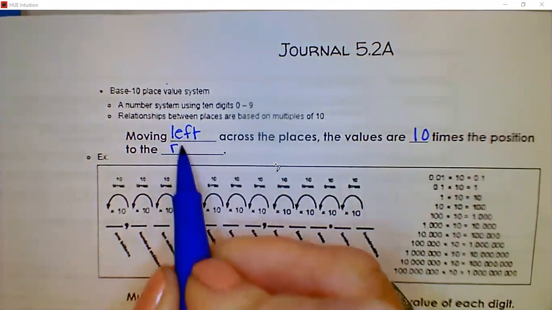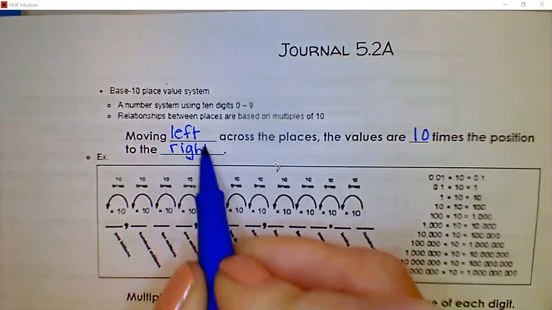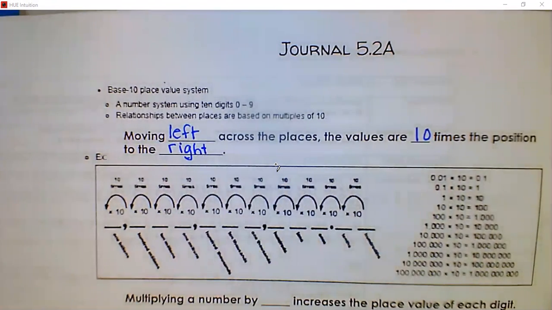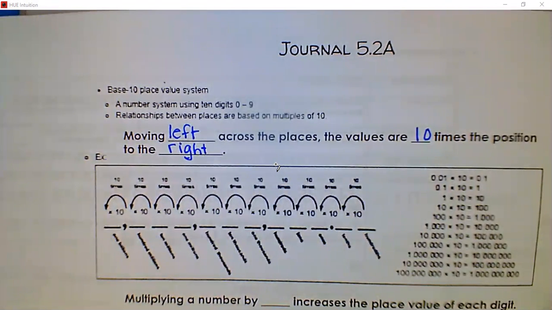Very good. So again, I gave you a picture example of what that looks like. So if we were looking at a place value chart, like the one placed here on the bottom, every time we jump from the right position to the left position, the number is 10 times greater. Okay?